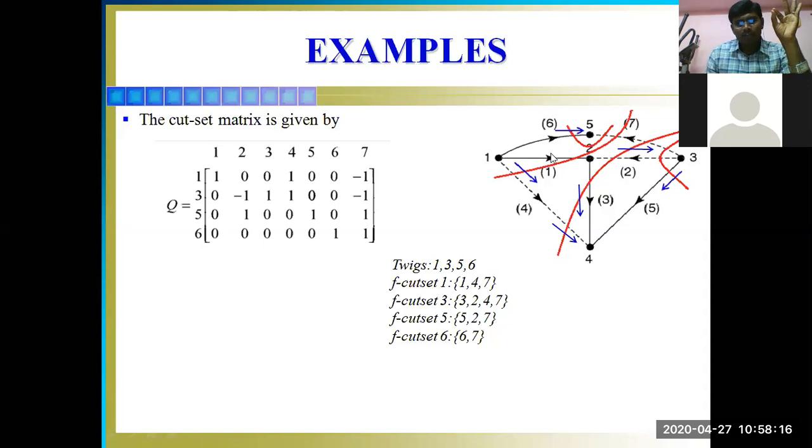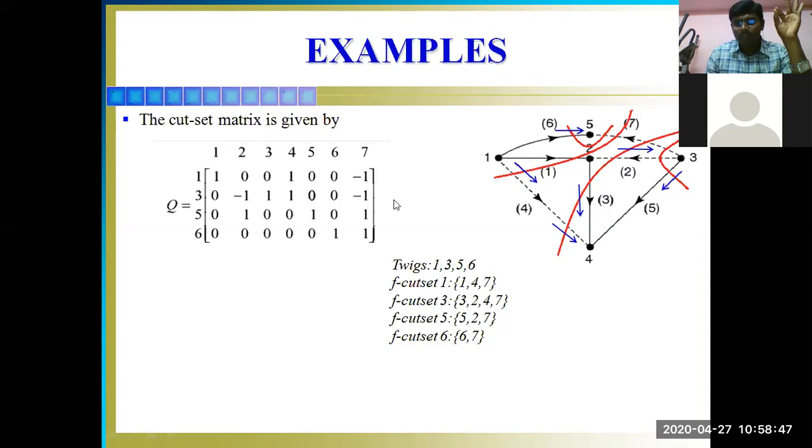So for 1, obviously it is positive. 4 is present, it is also away from 1. You take plus 1. 1 and 4, it is plus 1. Whereas 7 is driving current into 1. It is not directly connected, but the direction is opposite to the first twig direction. So therefore, for 7, it is minus 1.